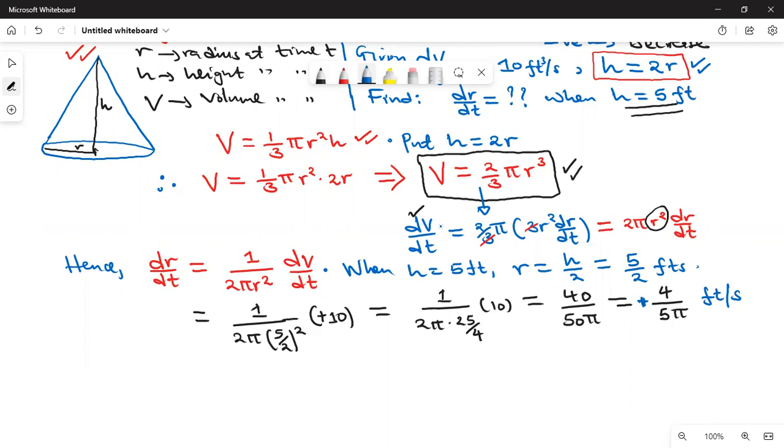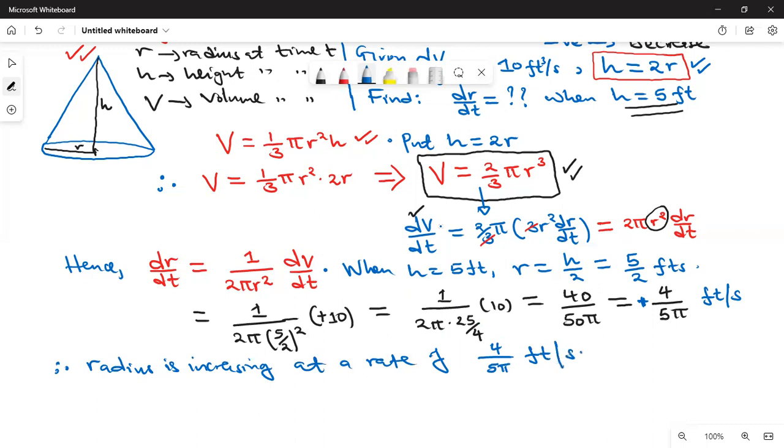So we can now conclude that, therefore, the radius is increasing at a rate of 4 over 5 pi feet per second.